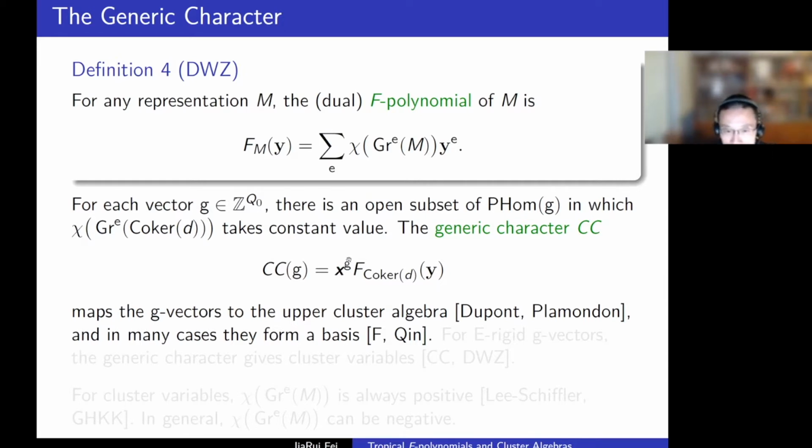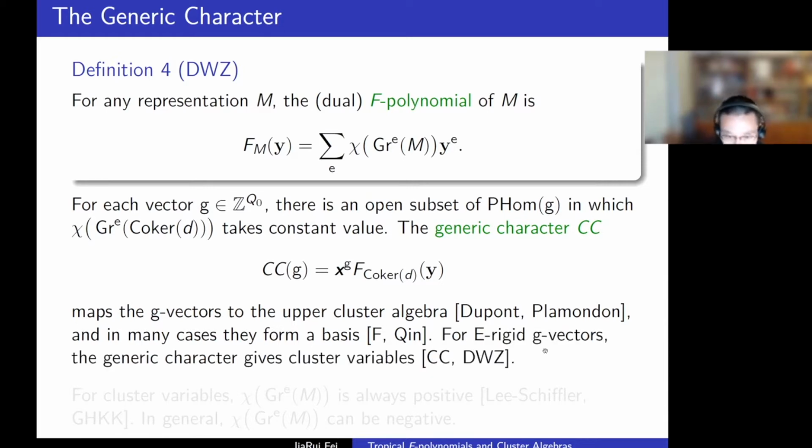So now you can guess this g is like parametrizing, like tropical points. They parametrize the ring of regular functions. And for the E-rigid g-vectors, in other words, these generic characters will give the cluster variables.